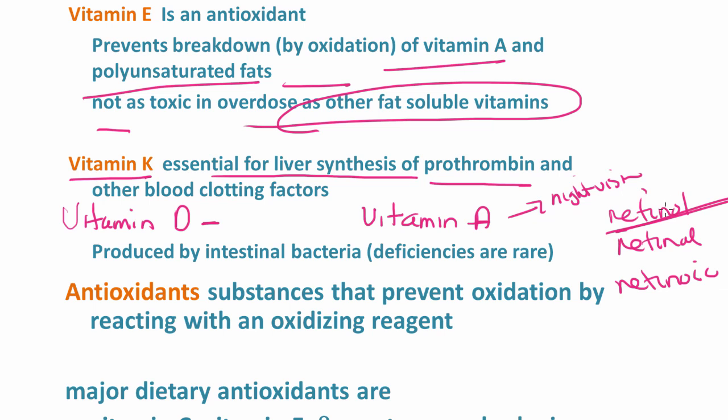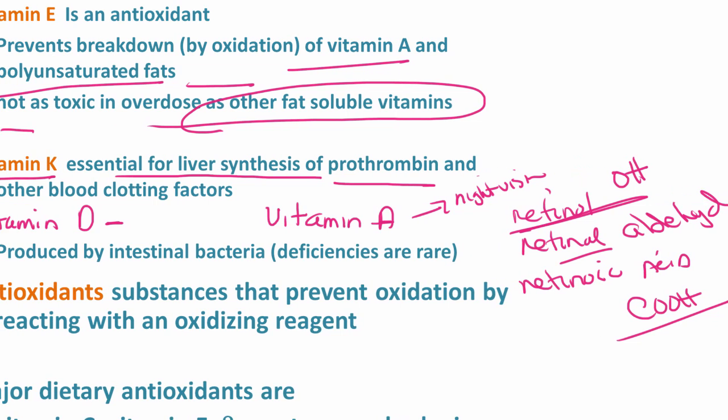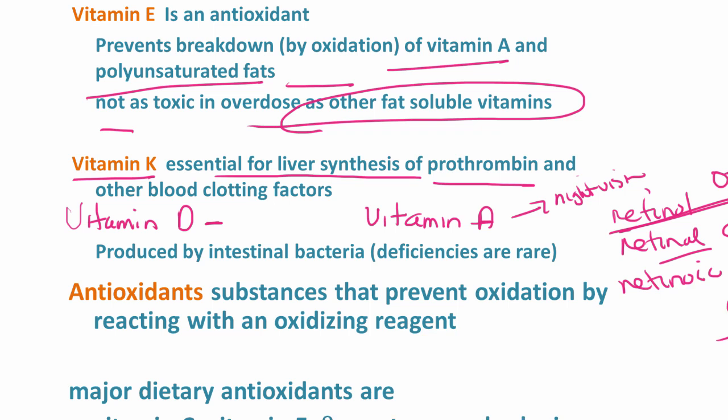So obviously a functional group in the retinol would be an OH group, an alcohol. In the retinal, it'll be an aldehyde, right? And in the retinoic acid, we're looking at a carboxyl group. Okay, vitamin A, again, that's very important, especially for our vision.